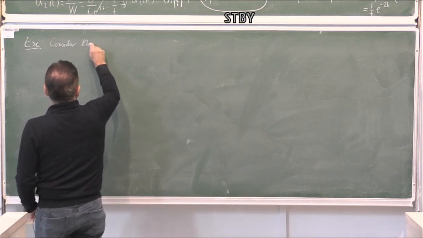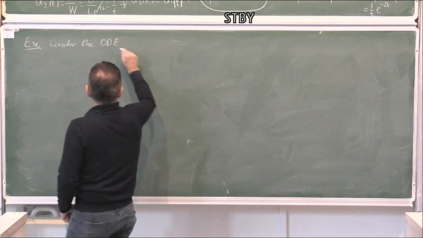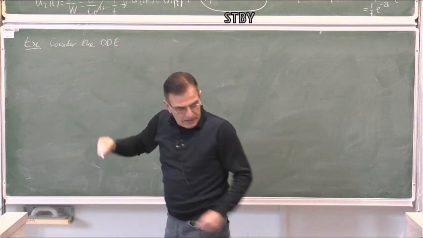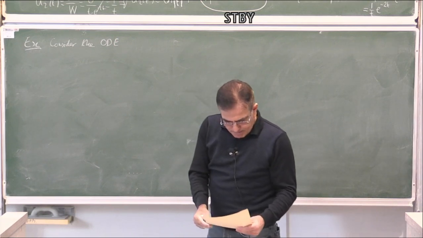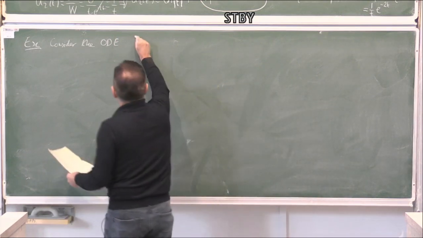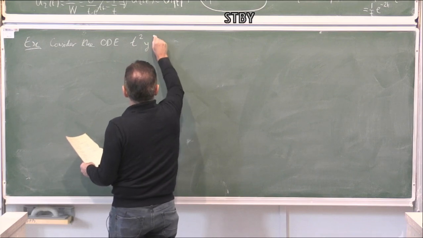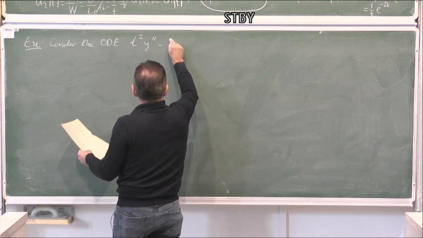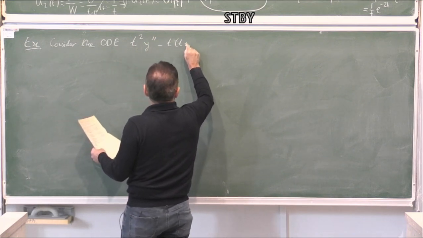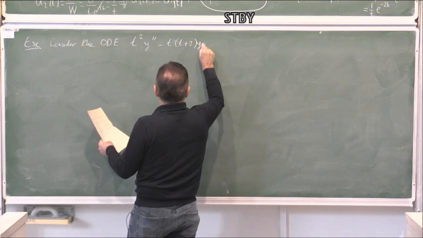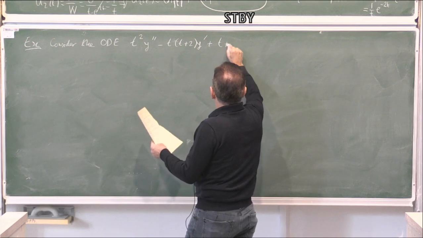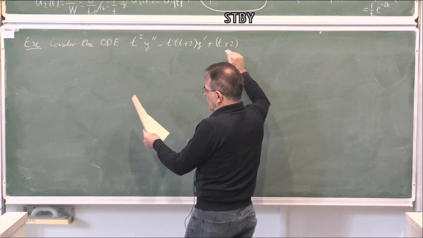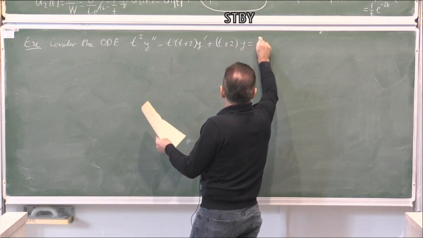Consider the ODE: t square y double prime minus (t plus 2) times y prime plus (t plus 2) y is t cube.